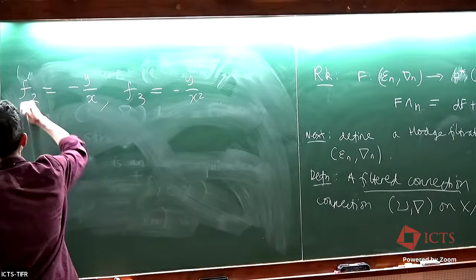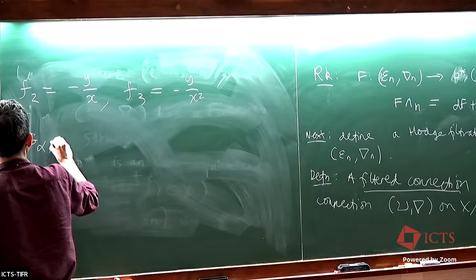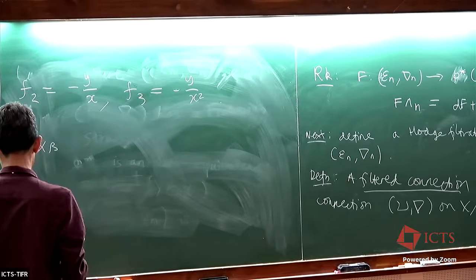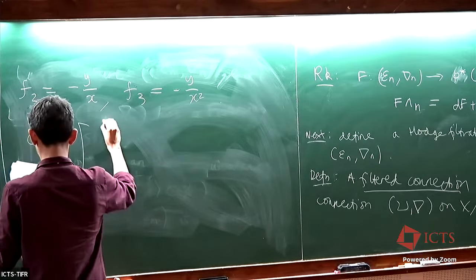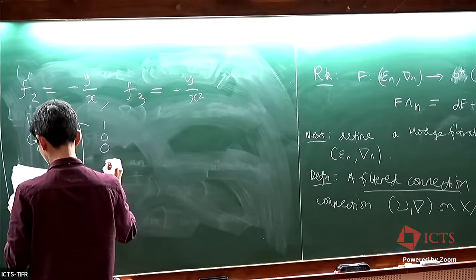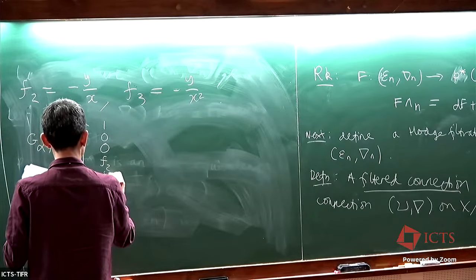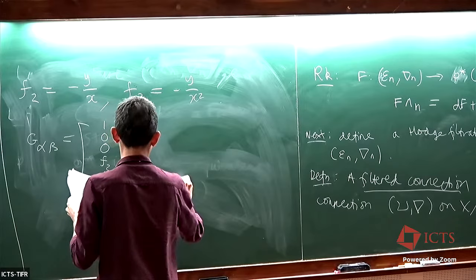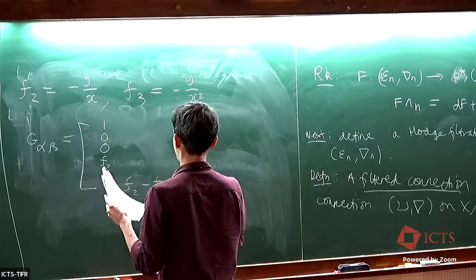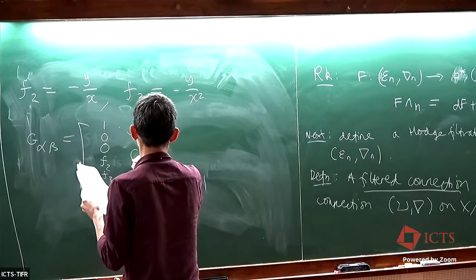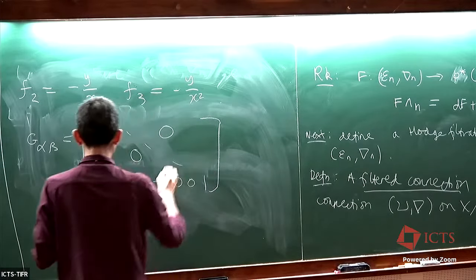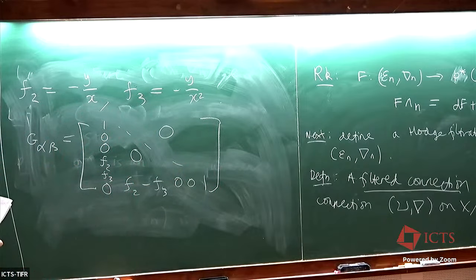Then we get a chart given by, say, G alpha beta, the transition from the chart at 0 to the chart at infinity, given by 1, 0, 0, 2, F3, 2, minus F3, 0, 0, 1. And we have 1 still along the diagonal. And this turns out to be 0, actually. We can check that we can take this to be 0.